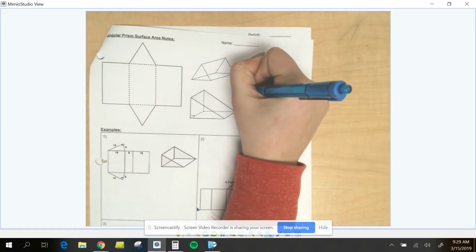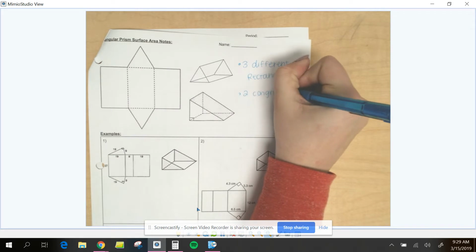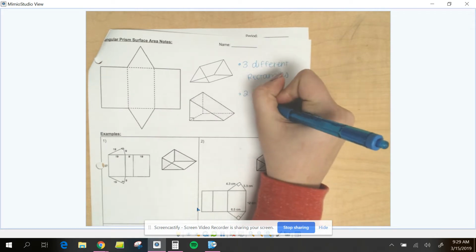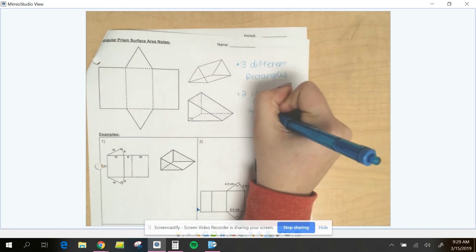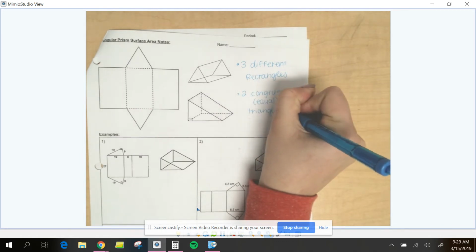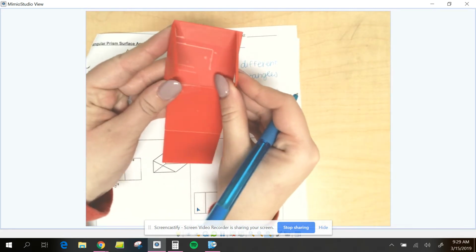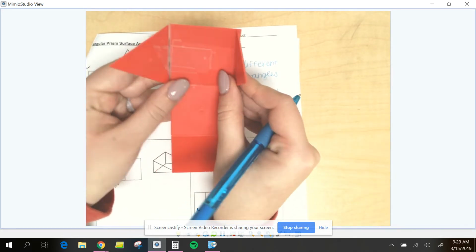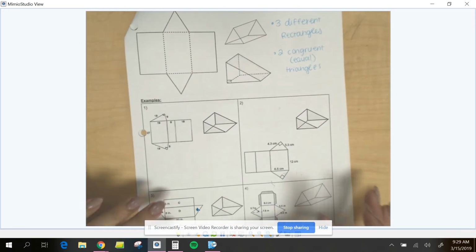And then there are 2 congruent, which means equal, triangles. The triangles will always be the same because they're across from each other, so they have to line up. So now let's go into an example of how to find the area for these.